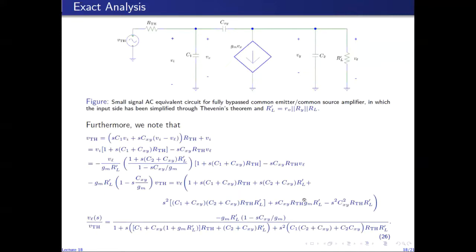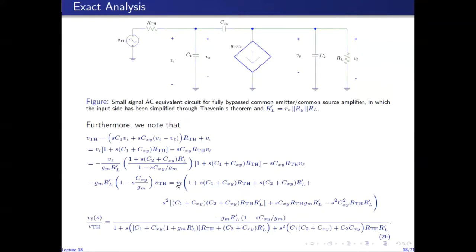VL is taken out common, and then this term will be multiplied by this term. So we'll get minus, because this is a plus since I've taken minus out common on the other side. So minus S squared times CXY squared times RThevenin times RL prime, because G and GM will get cancelled out. So this is the fourth term.